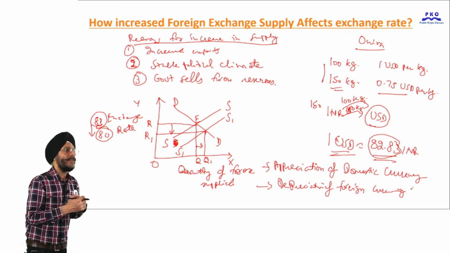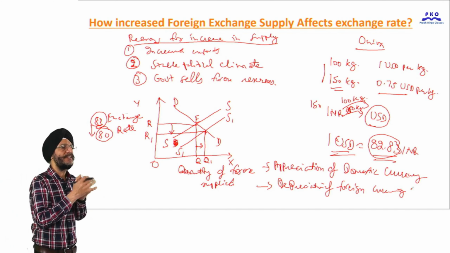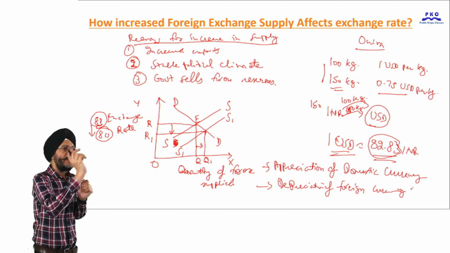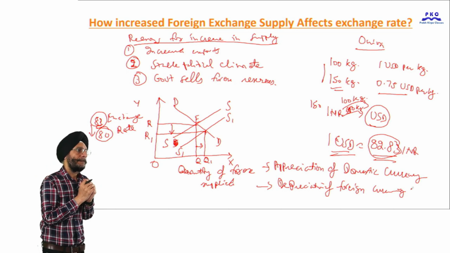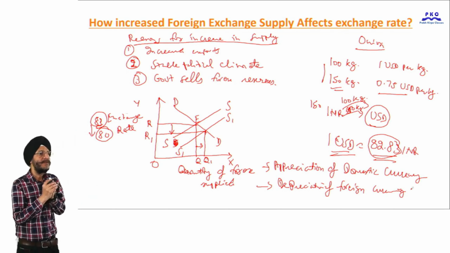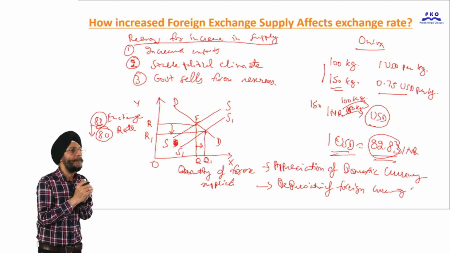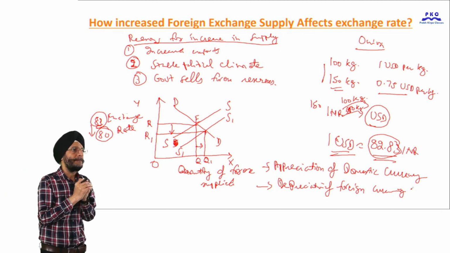Earlier, the residents of USA were getting 83 rupee for $1, but now they are getting only 80 rupee.